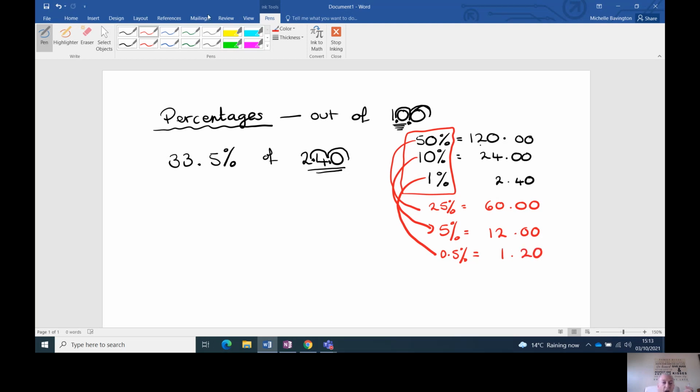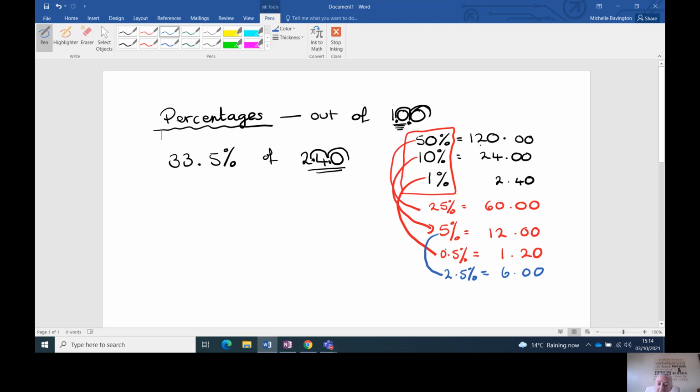And we can also find 2.5%, half of 5. So we can find 50, half the 100. 10% is jump 1 in. 1% is jump 2 in. 25% is half of 50. 5% is half of 10. 0.5% is half of 1.